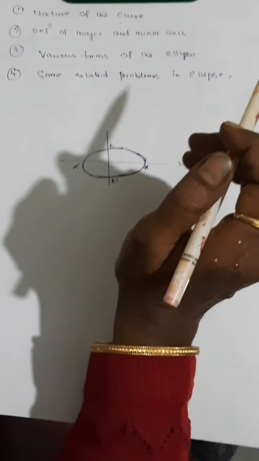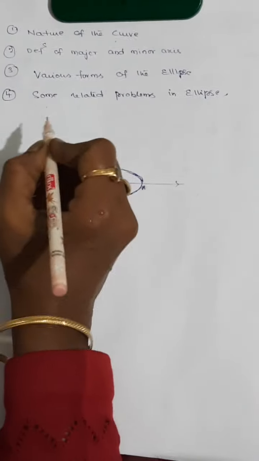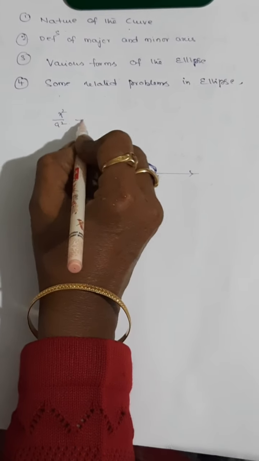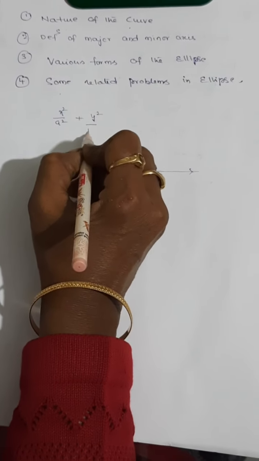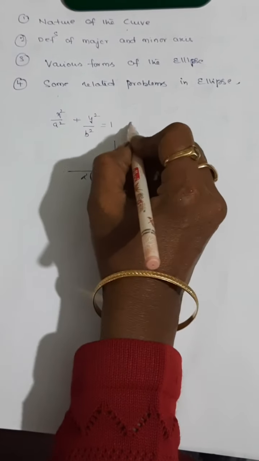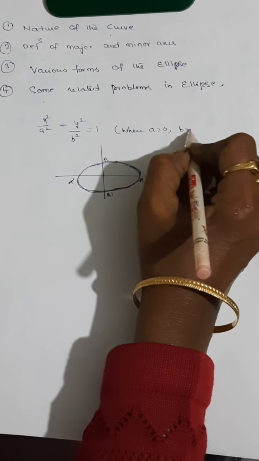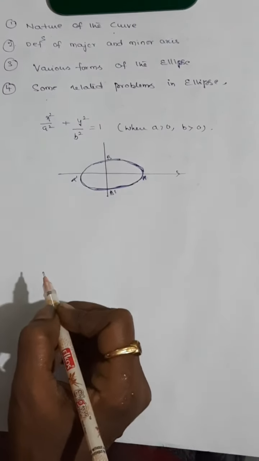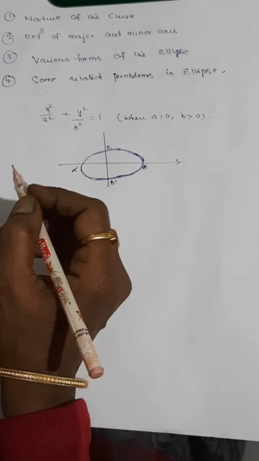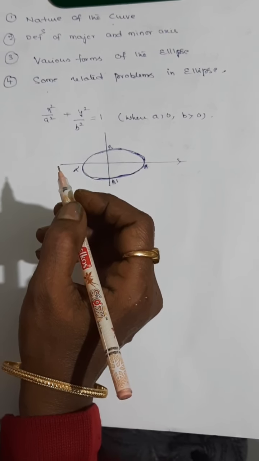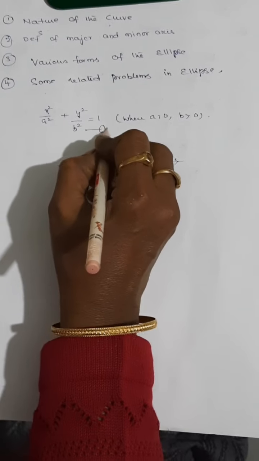Already we learned about the standard form of the ellipse, x square by a square plus y square by b square is equal to 1, where a greater than 0 and b greater than 0. Now we find the point of intersection with coordinate axis from this equation.